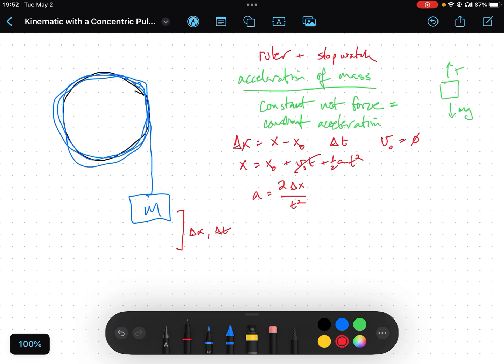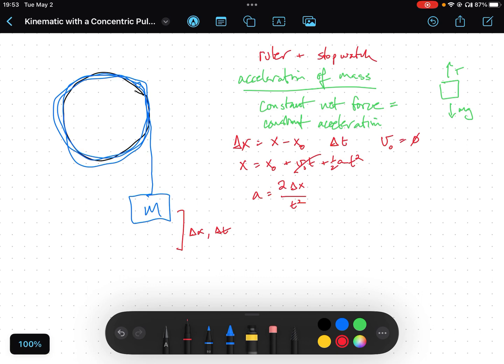We had a theoretical way of approaching this problem, and the reality is different from that. If we were able to smooth out some of those mechanical issues, we would have gotten a much more accurate representation of the acceleration. But in this case, what I was really looking for was your ability to describe what you would measure, how you would measure it, and then how you would use that to calculate the acceleration.